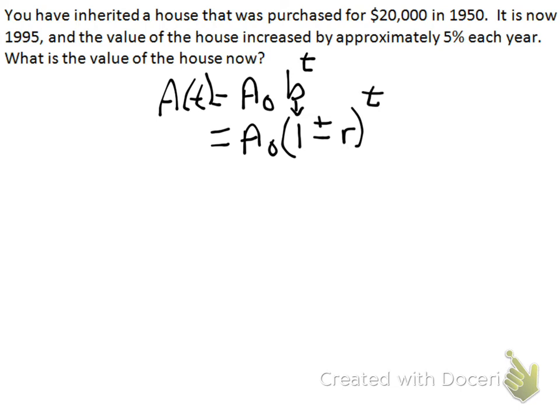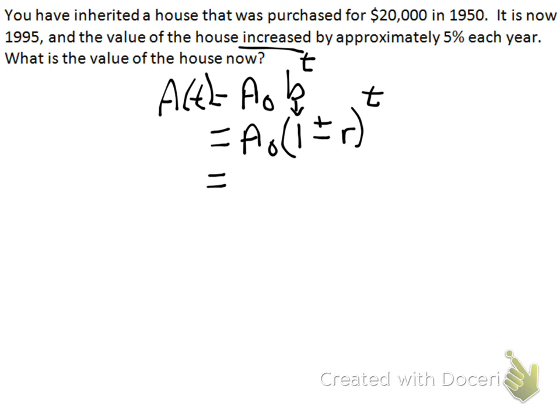So we're always going to use plus if something's appreciating, increasing, inclining in some kind of way. And we're going to use minus if there's any kind of depreciation, decline, anything like that. So for this house, we are going to use plus because the house increased in value.